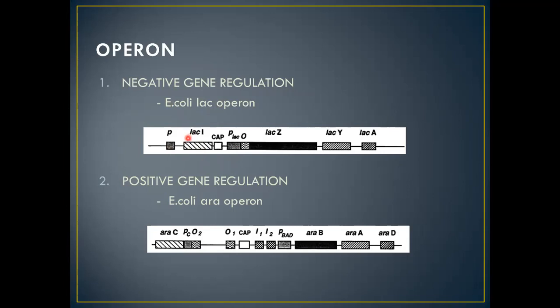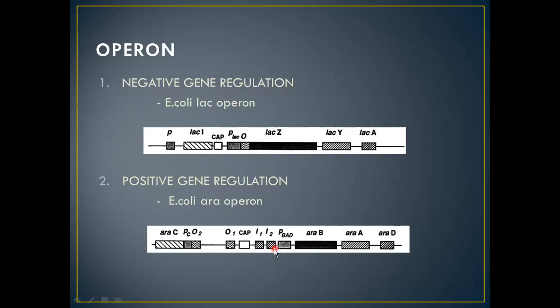And in positive gene regulation in E. coli, that is the arabinose operon, the ara operon, the C protein binds arabinose and undergoes conformational changes that enable it to also bind the ara O2 and ara I2 sites. We will understand this in the coming slides.